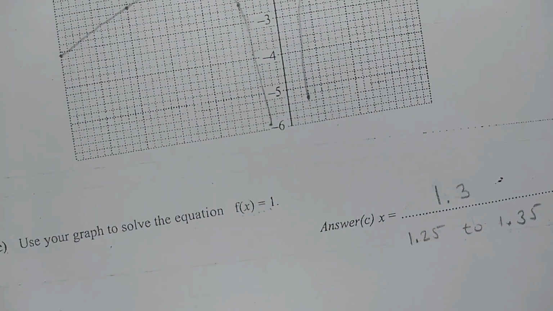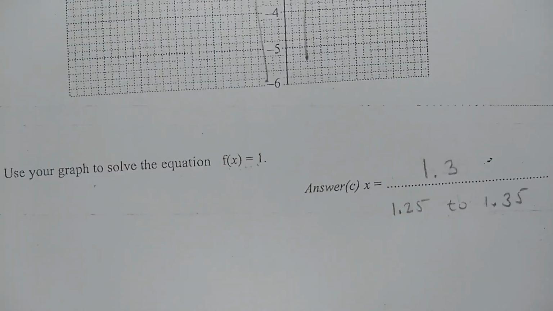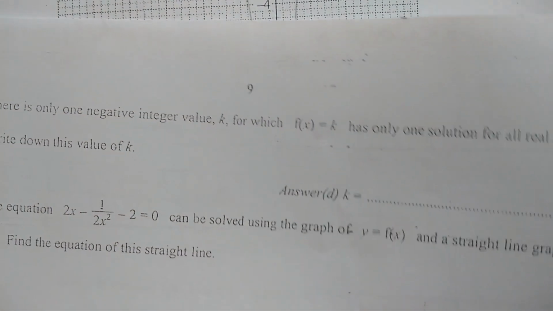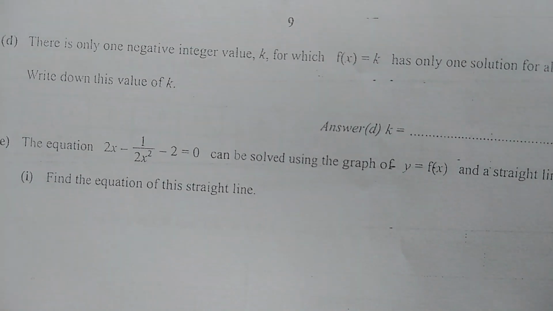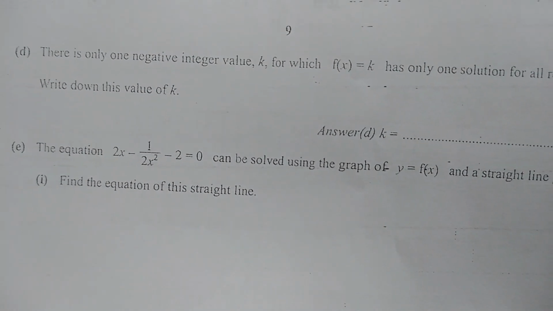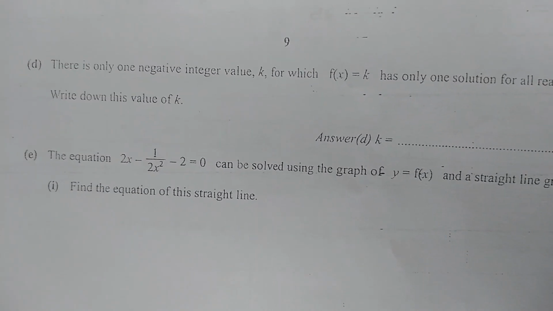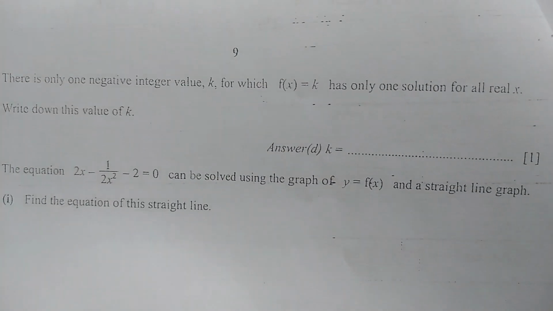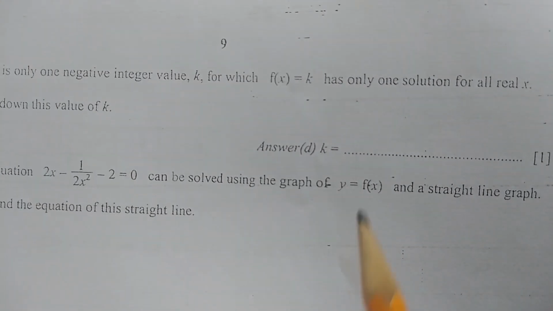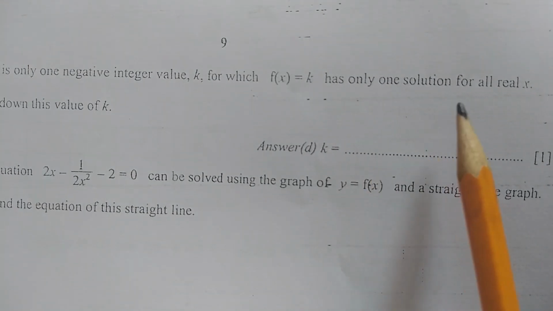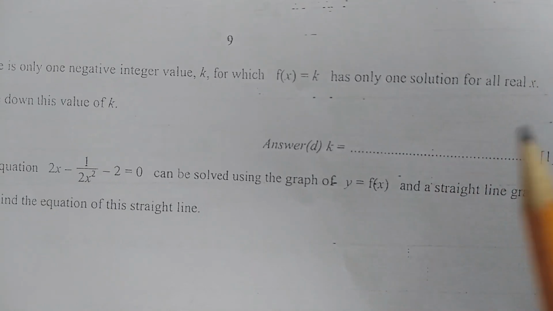Now let's answer D. There's only one negative integer value, k, for which f of x equals k has only one solution for all real x.